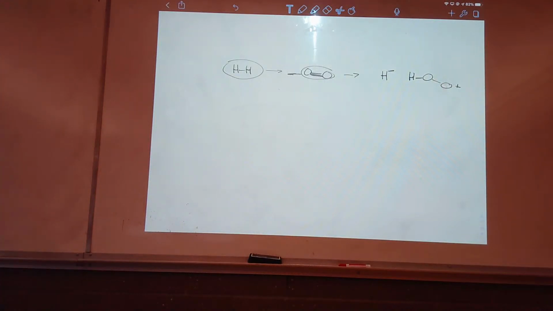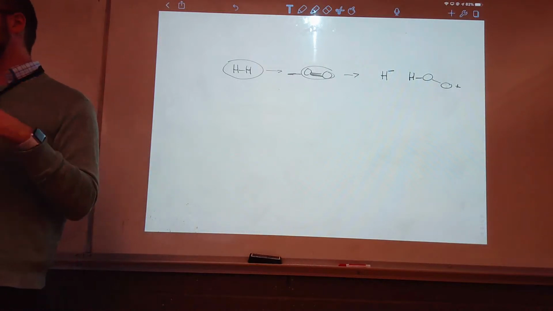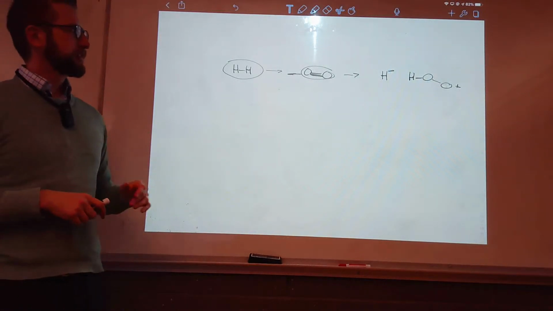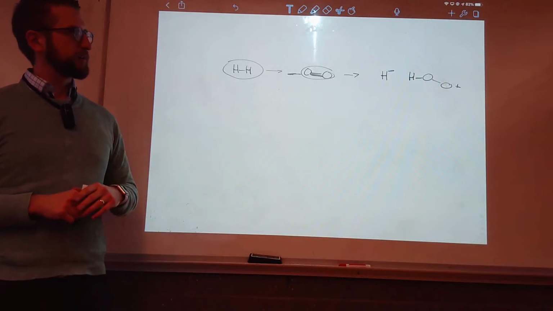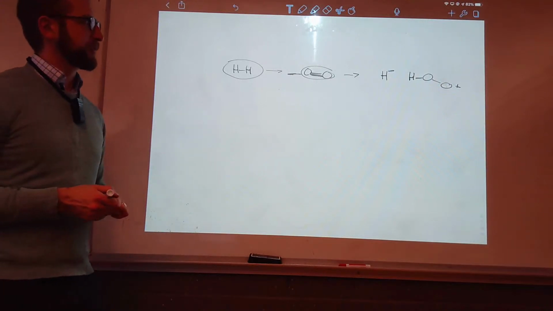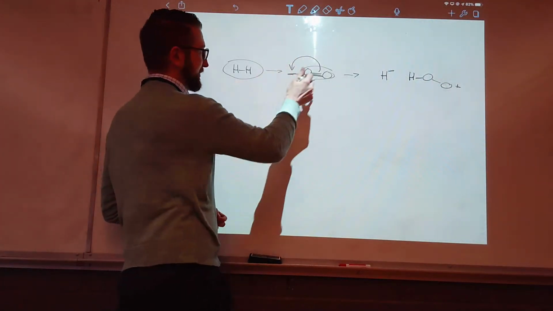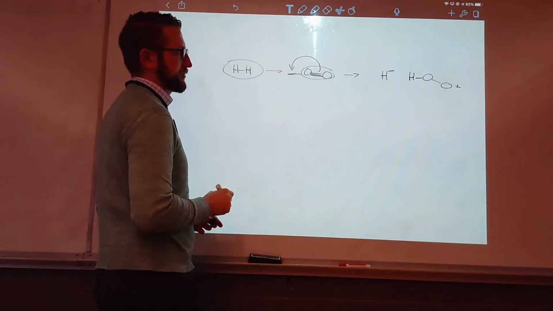You can usually only break one bond at a time, and usually you're only adding one atom at a time. So when we get to reaction mechanisms a little later in this unit, we're going to think a little bit about this. I won't have you predict anything too complicated, but you can usually only move one bond at a time. So I unfolded this bond over here and used it to attract this hydrogen.